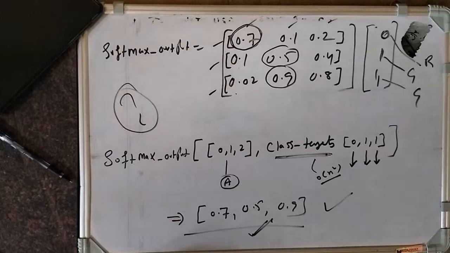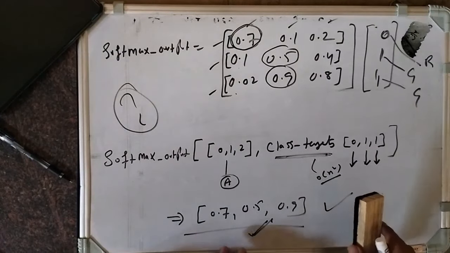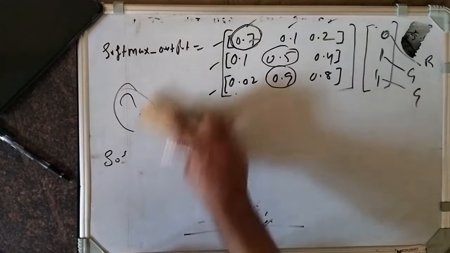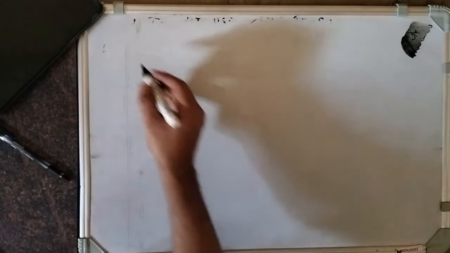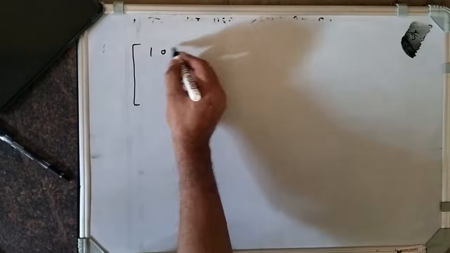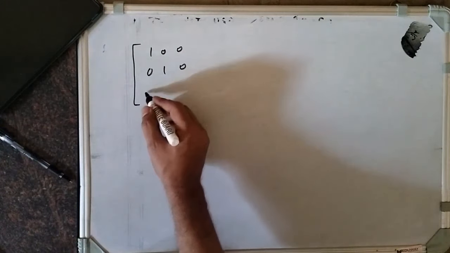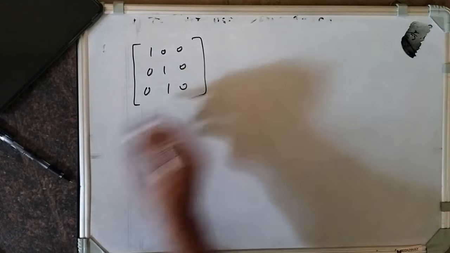Now suppose you have another one. You have two matrices. Suppose your output is 1 0 0 and 0 1 0 and 0 1 0. Output is in matrix form.